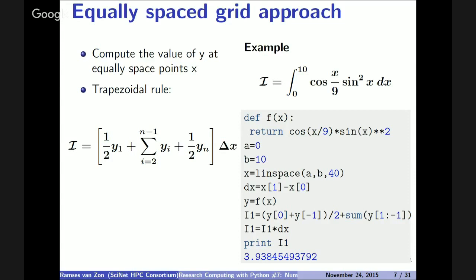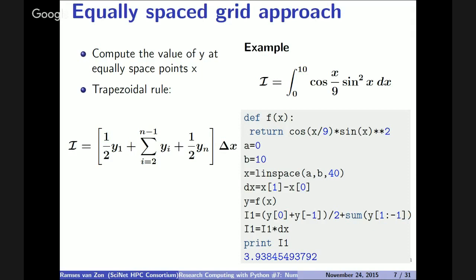I'm secretly using a nice feature of NumPy here, that sine and cosine are defined in NumPy to act on the whole array of x values at the same time and give you an array of those sine values. So this works because x here is a NumPy array, and cosine of x over 9 is a NumPy array with every element over 9, and cosine is the cosine of every element.